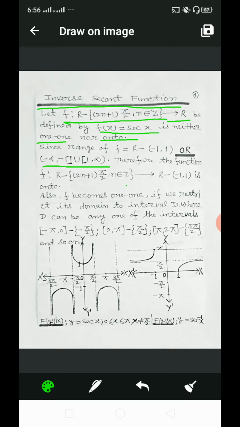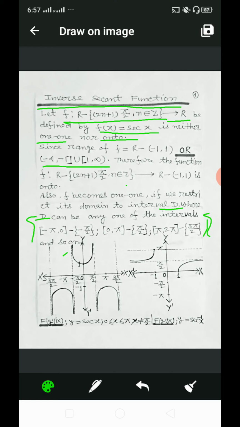Now the function is onto, and it becomes one-one if we restrict its domain to an interval D, where D can be any one of the intervals: closed interval [-π, 0] minus {-π/2}, closed interval [0, π] minus {π/2}, closed interval [π, 2π] minus {3π/2} and so on.